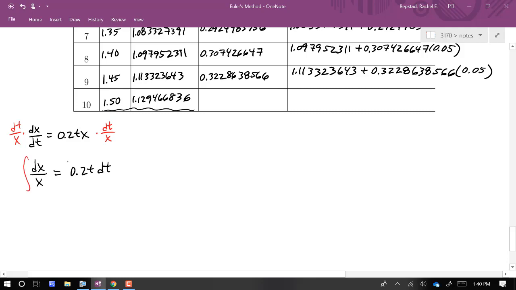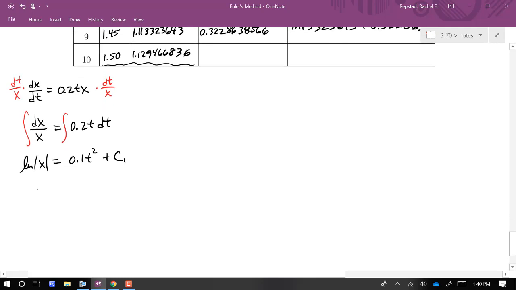No substitution needed; we're able to separate the variables as is. On the left side we have ln of absolute x. On the other side, using the power rule, we have 0.1t squared plus a constant, call that c1.